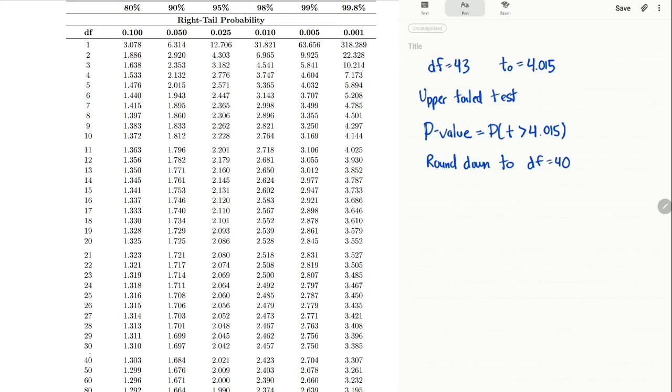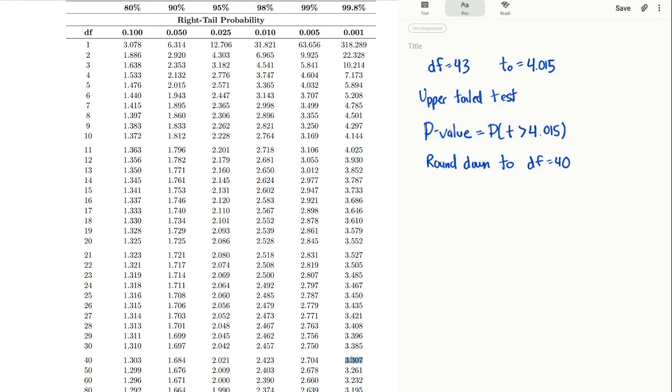Now we want to locate where 4.015 falls for 40 degrees of freedom. The very last value in the table is 3.307, so 4.015 will fall to the right of the table. It's larger than 3.307.